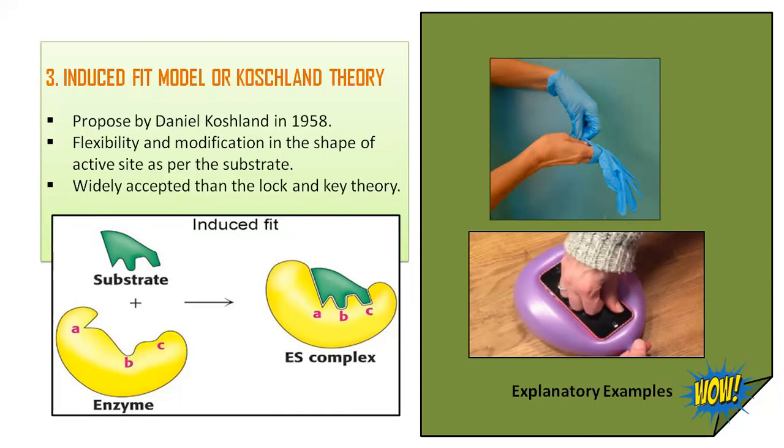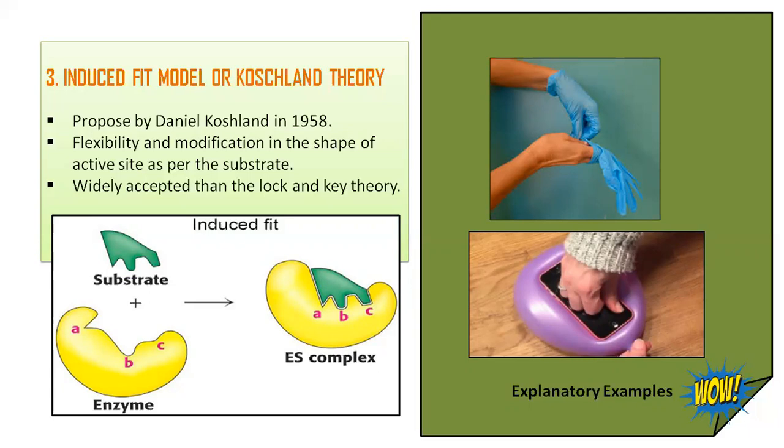This is the main principle which is involved in the induced fit model. Induced fit model states that there is flexibility in the active site of enzyme. Enzymatic active sites change themselves as per the structure of substrate. Thus, this model suggests a kind of hand and glove relationship between an enzyme and substrate.